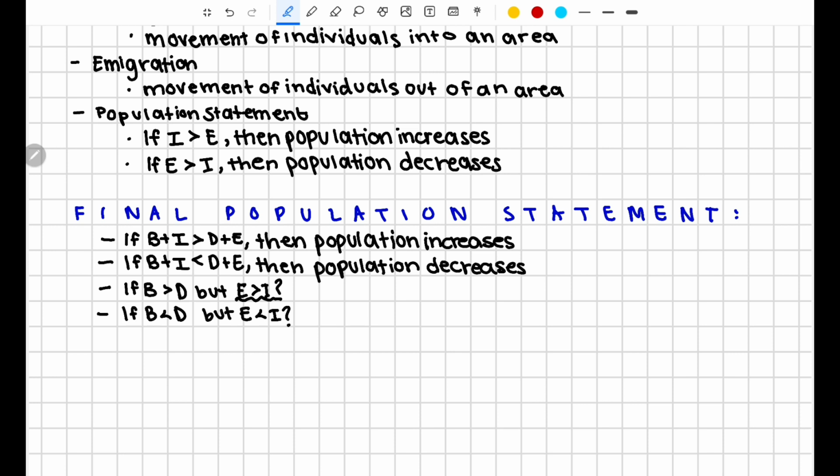So that's what I'm saying. It gets a little bit complicated when you dive deeper into it, because it really depends on how much greater the birth rate is than the death rate, or vice versa, or immigration and vice versa.